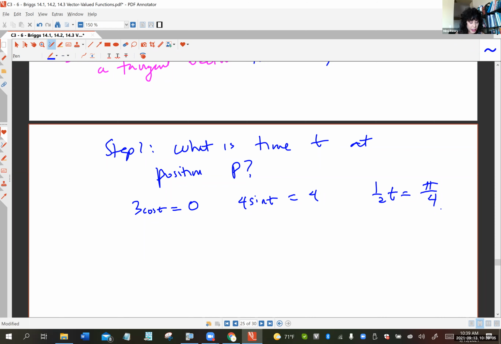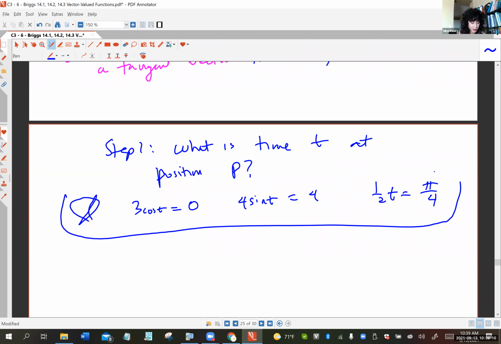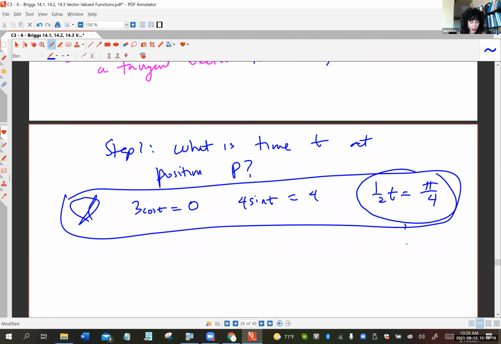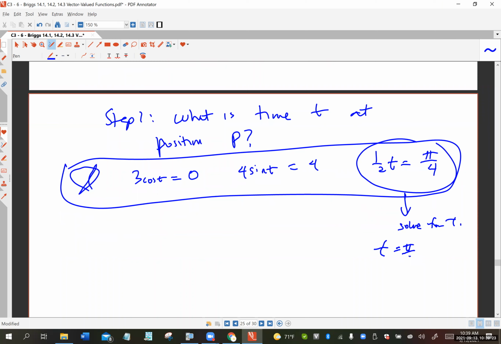Does anybody see what value of t would work for all three of these equations? I would solve the easiest one of all. Let's just solve this one here and see if it works for the other two. So, pi over 2. It looks like pi over 2, but will that work?